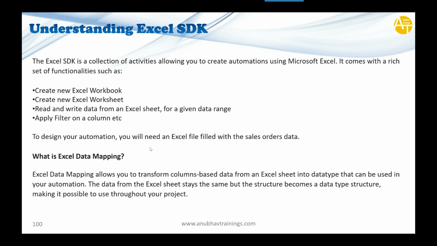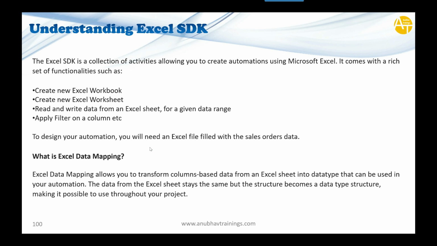The data from the Excel sheet stays the same, but the structure becomes the data type structure, making it possible to use it throughout our project. So I will be showing this technique first. After that, we will take the next technique also with a real-time scenario, which is more complex and suitable for more complex business use cases.